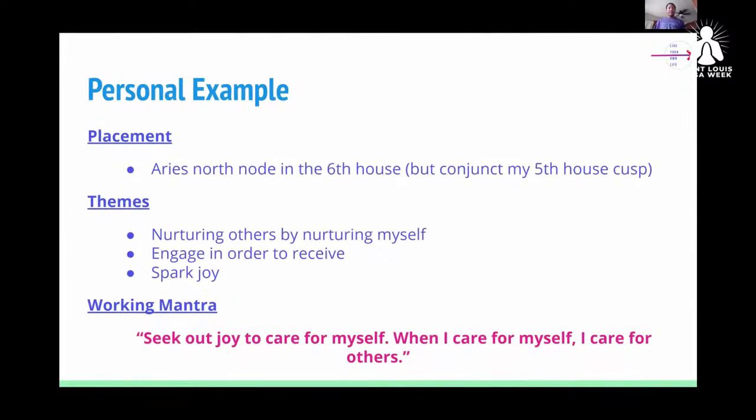So for me, this is looking at the fact that I need to seek out joy in order to care for myself. And when I care for myself, I care for others. So this statement has two sides to it, and I know that I can sync that with my breath and really focus on that phrase and idea in a couple of rounds.